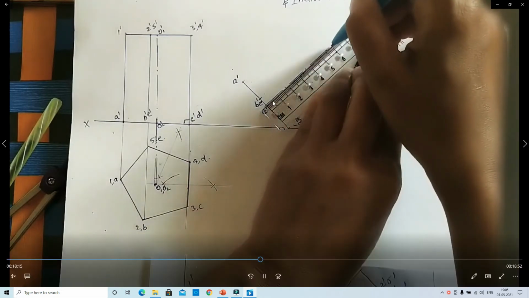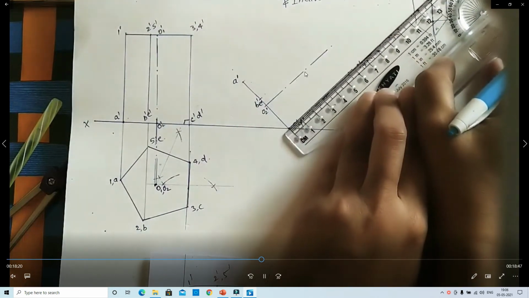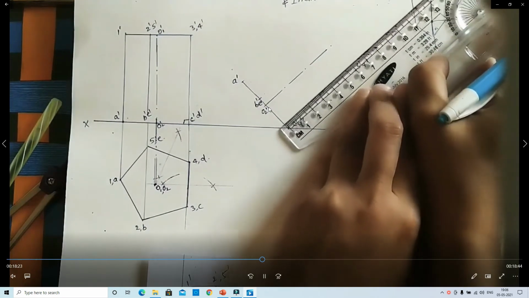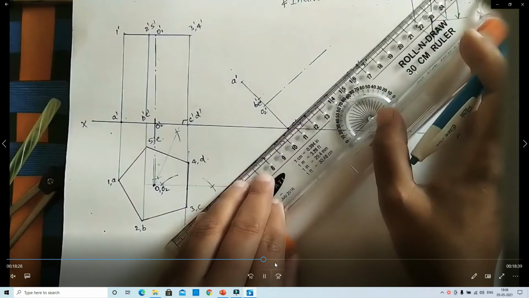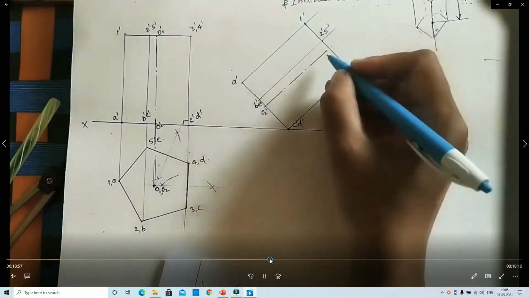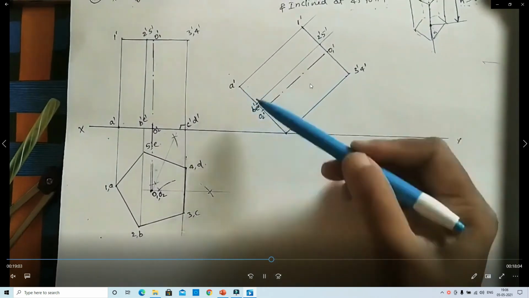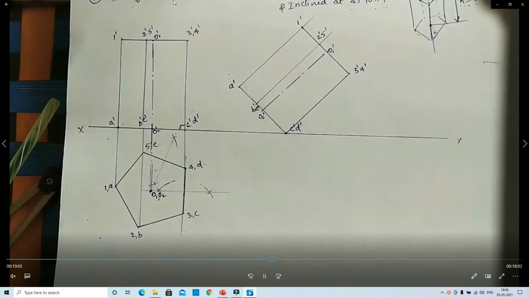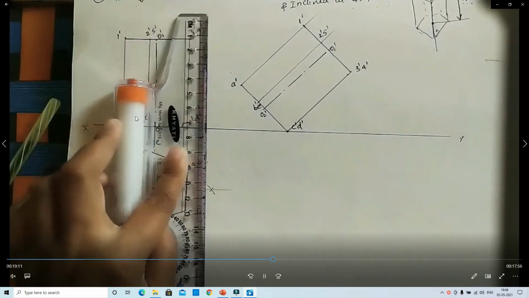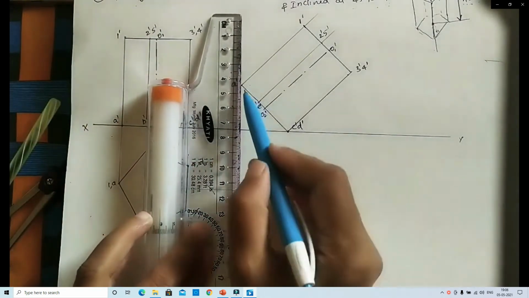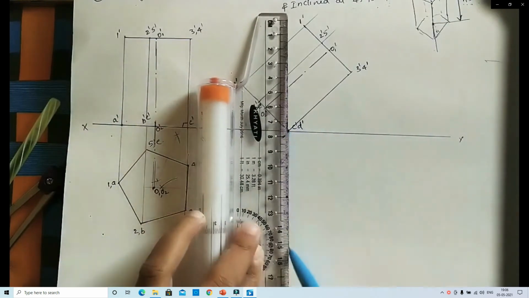This line identifies the axis line, not continued. Okay, axis length is 60 mm. So you identify the points, same here, whatever the points are in the front view, the inclined front view also. Okay, now with the help of the scale, you extend the lines below the reference line in this way.